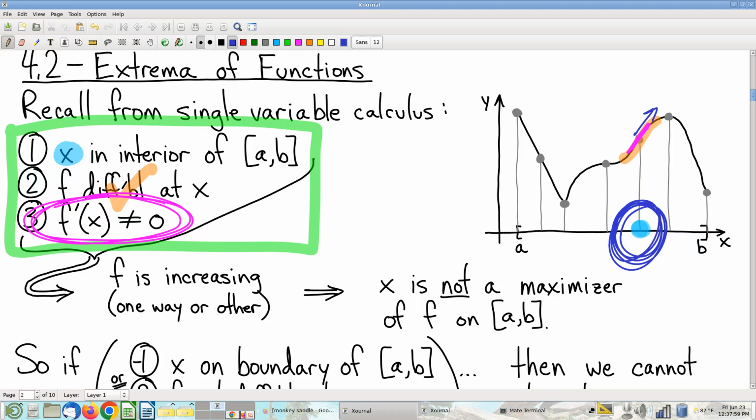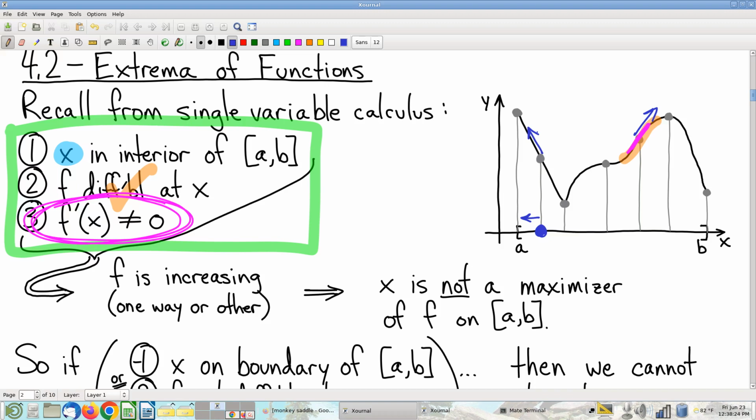You might say, what if the derivative's negative? Then the function's not increasing. Well, it's not increasing as you increase x, but it is increasing as you decrease x. There's no law that says we have to approach the maximum from the left. We could conceivably approach the max from the right while going to the left.